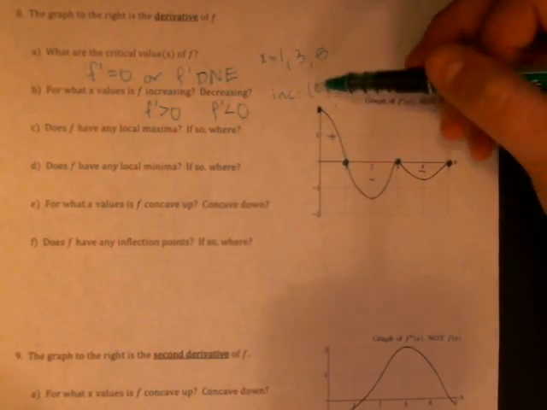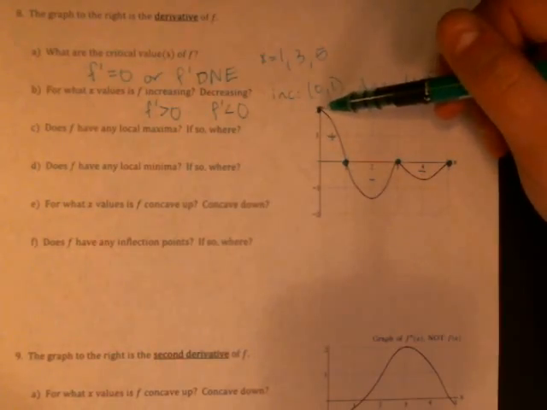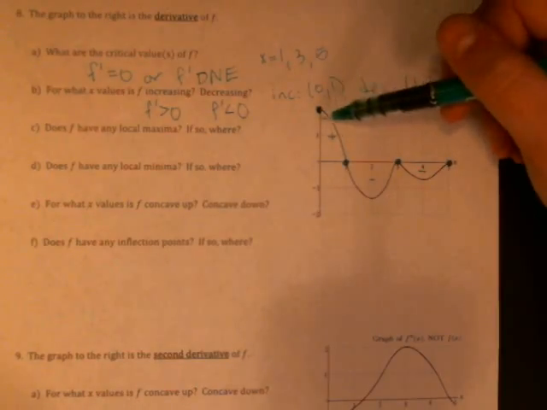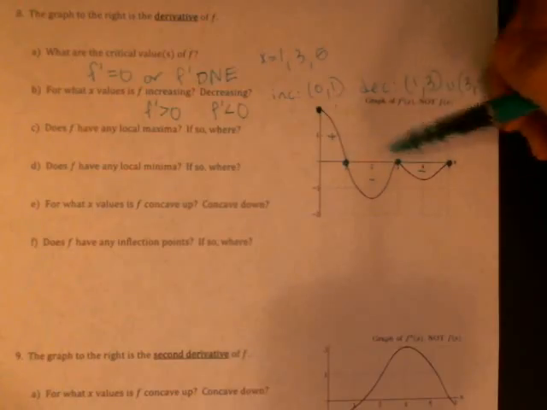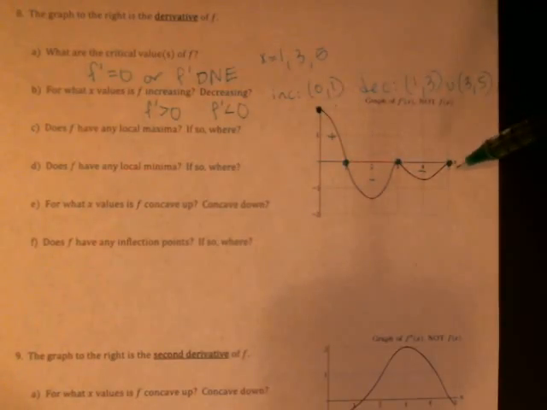And it is really deliberate that I'm putting these open circles on it. At the end point, it's just dead ending, so it would be increasing away from there, but right at that point is sort of mysterious. And then at all of these points, the function has a flat spot, so it's not increasing or decreasing.